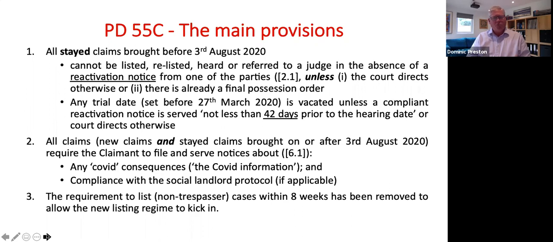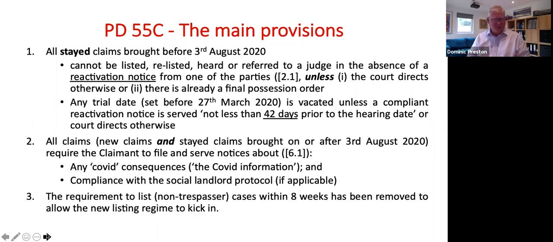Second big change is that any trial date listed, and the theory is that no trial date was listed after the 27th of March because that was the date of the stay. So any trial date listed is automatically vacated unless a compliant reactivation notice is served not less than 42 days prior to the hearing date, or the court directs otherwise.